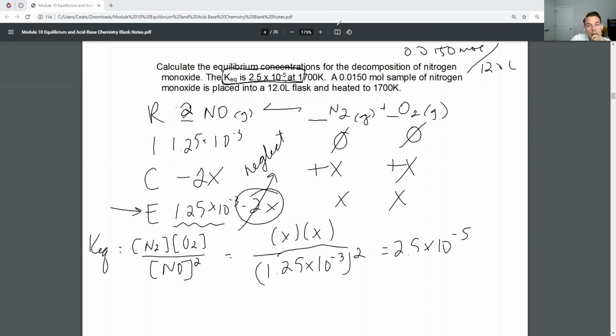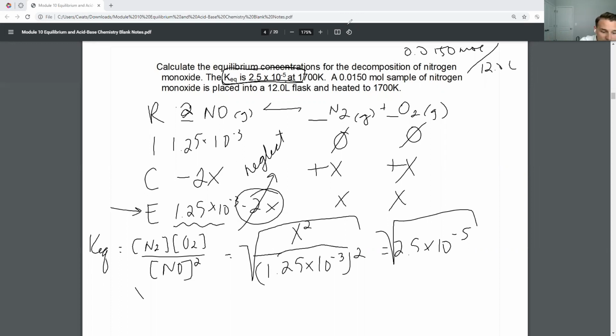Okay, so the next step, to make this math easier, I'm going to erase that, and I'm just going to write x squared. Because that lets me see that I can square root this whole side, and if I square root that side, I have to square root the other side.